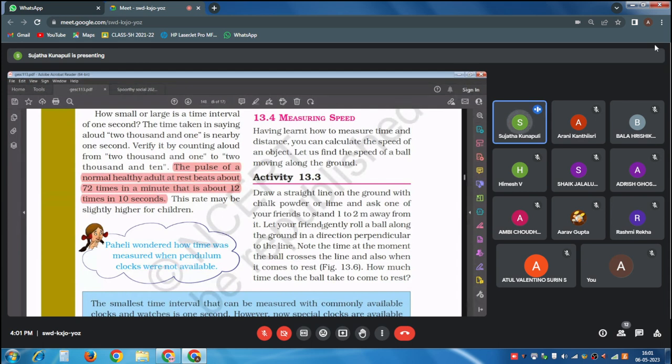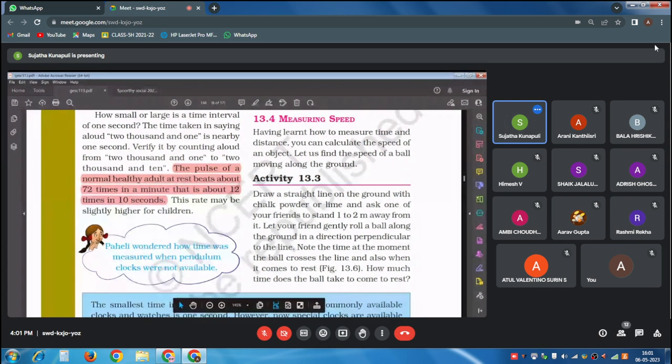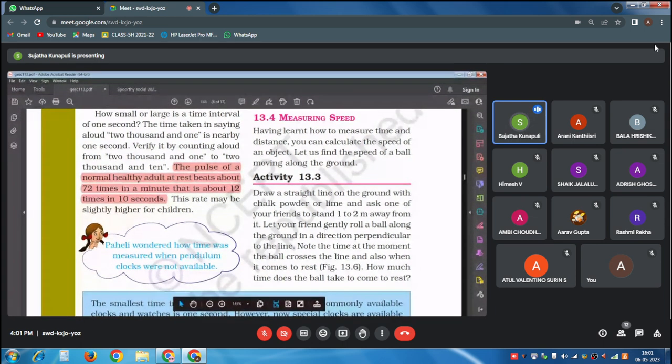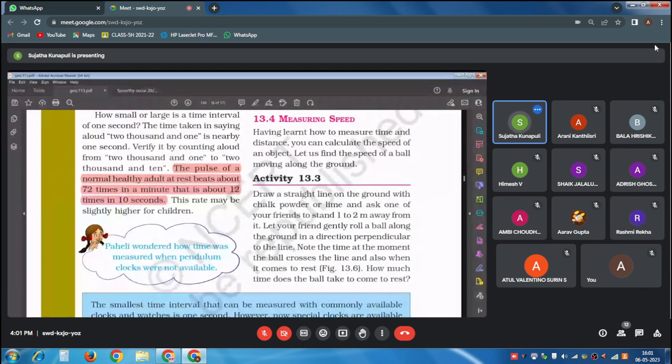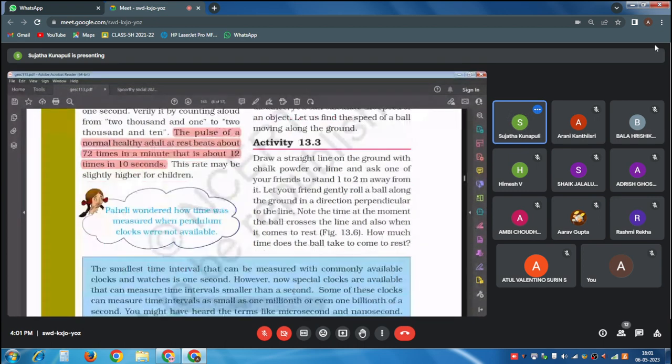Let your friend gently roll a ball along the ground in a direction perpendicular to the line. Note the time at the moment the ball crosses the line and also when it comes to rest. How much time does the ball take to come to rest?